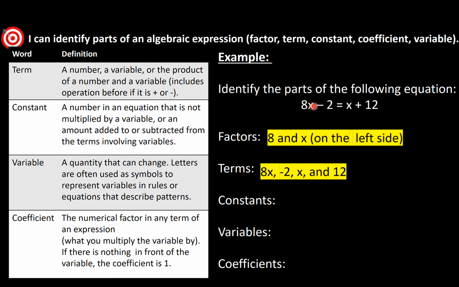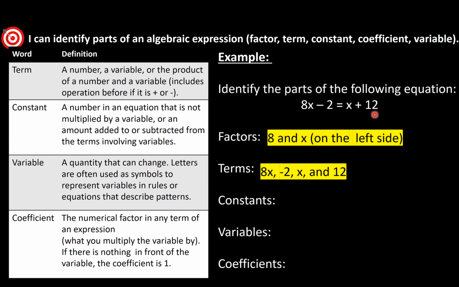Our terms are 8x. This is where that negative comes in that's kind of weird. Because there's a subtraction sign here, we're going to call this -2. If there's a plus or minus, we use that to determine the sign of the next term. So if this is minus, then we're going to call this a -2. And then we have an x, and then we have a positive here.